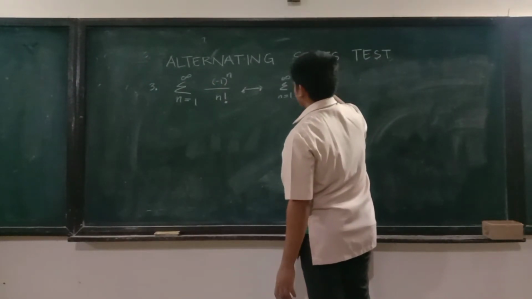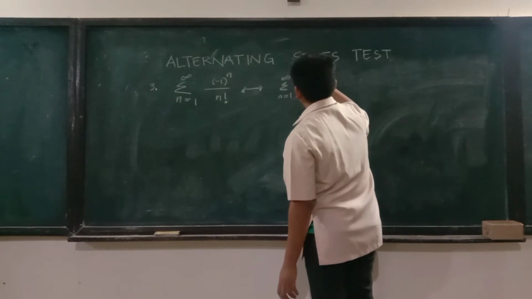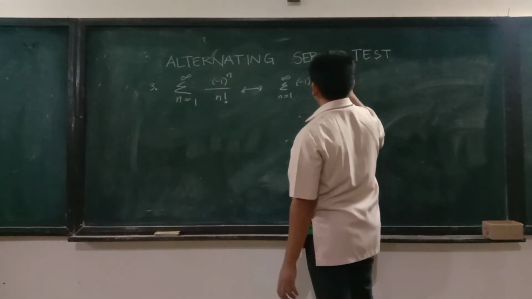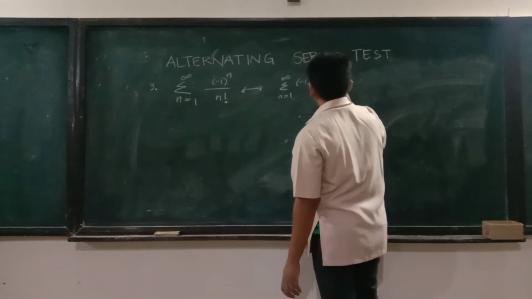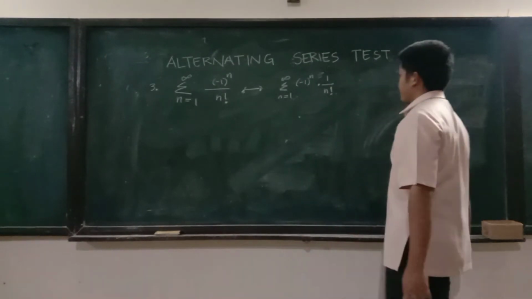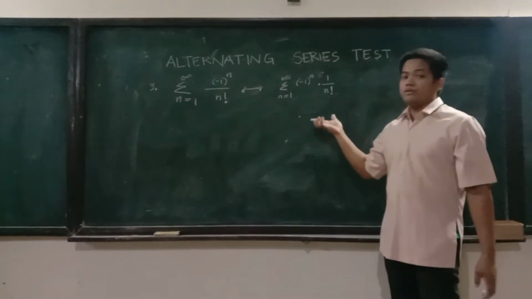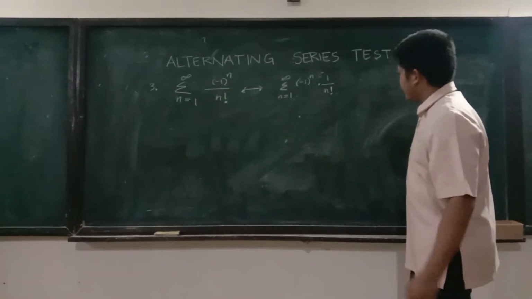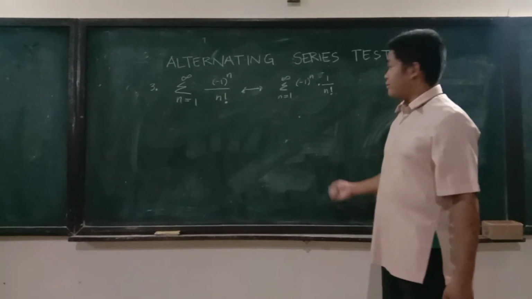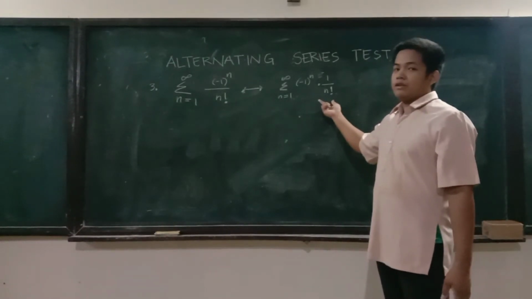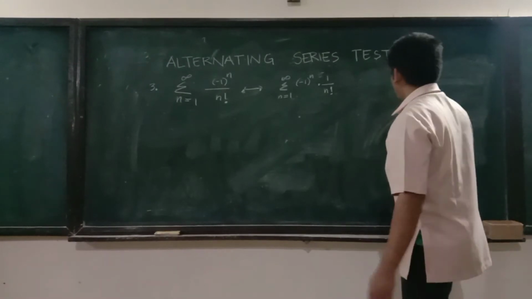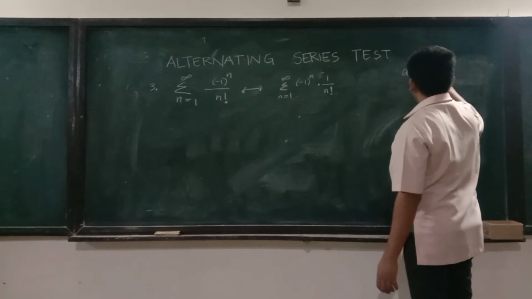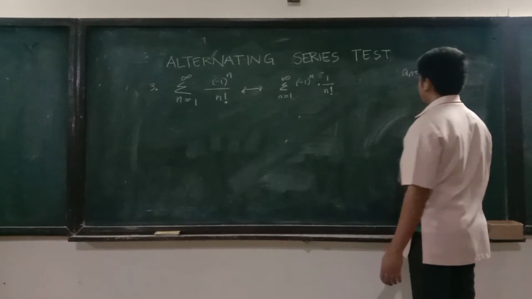Therefore, it will become negative 1 to the power of n times 1 over n factorial. From this new series, we can identify where the a sub n is. Our a sub n is equal to 1 over n factorial.